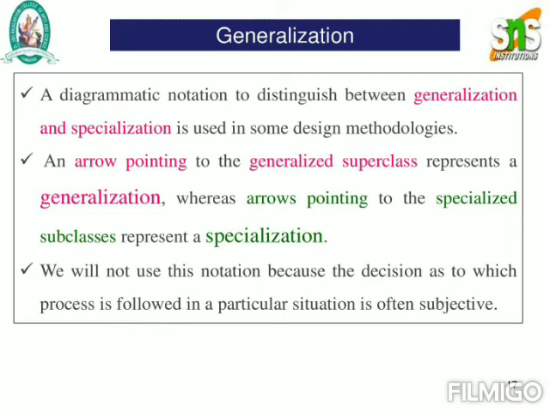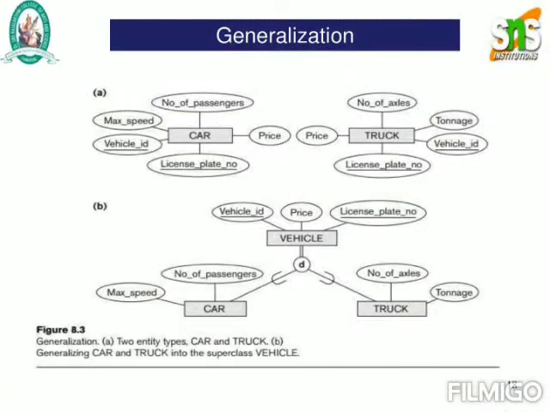In figure B, you can see that there is a superclass called vehicle. From that vehicle, we have derived two subclasses called car and truck. In figure A, you can see that the car and the truck have their own attributes or own value columns.